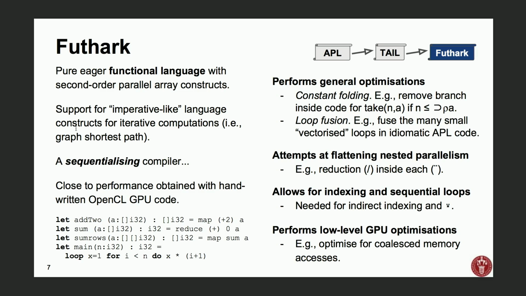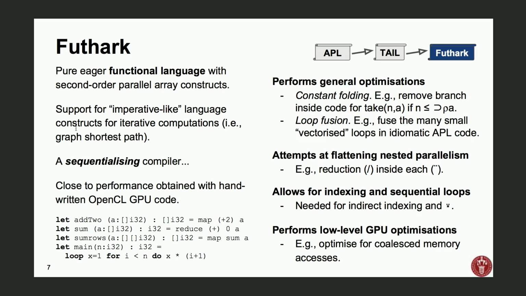And that, of course, gave some liberty because the definition of the language could also evolve over time. The language is a pure functional language with second-order parallel array constructs like reduce and map and scans and so on. And then it supports some imperative-like language constructs to iterate computations.